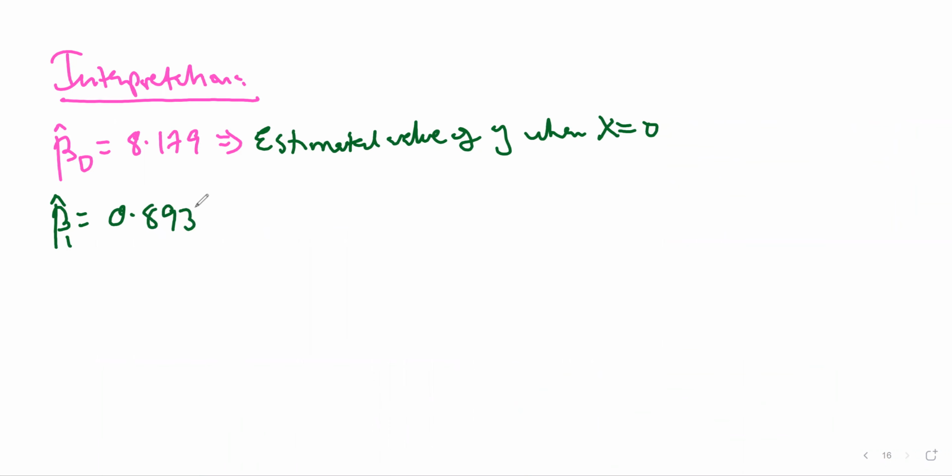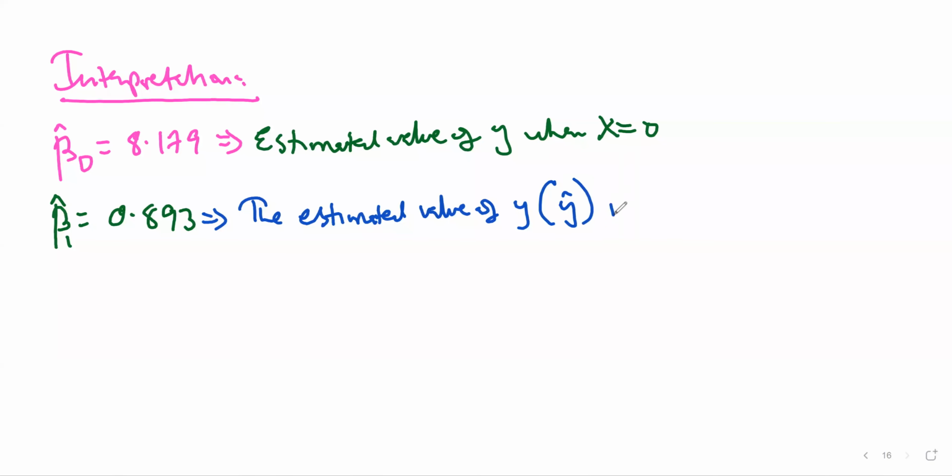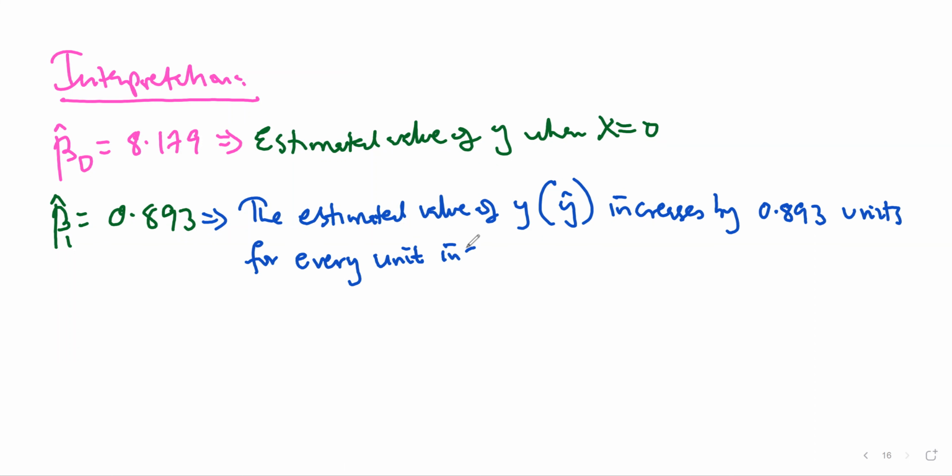This is the slope coefficient, and this is how you interpret the value of beta 1. We say that the estimated value of y, that is what we are calling the y hat, increases by 0.893 units for every unit increase in the value of x.